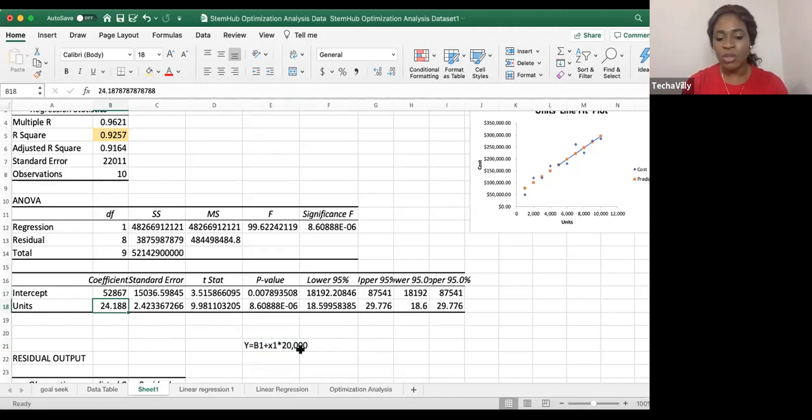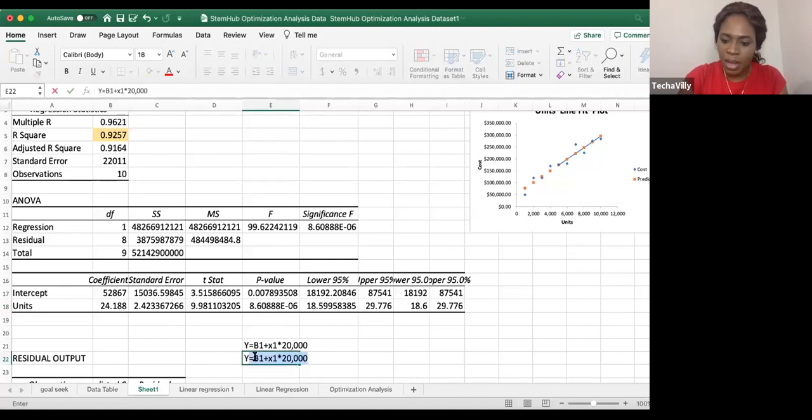So then we said we want to know how much to spend to make 20,000. So I'm going to populate this. So Y is equal to this value. X is equal to this value, 52867 plus, okay, I'm going to take that Y away, if not, it's going to distort my calculation.